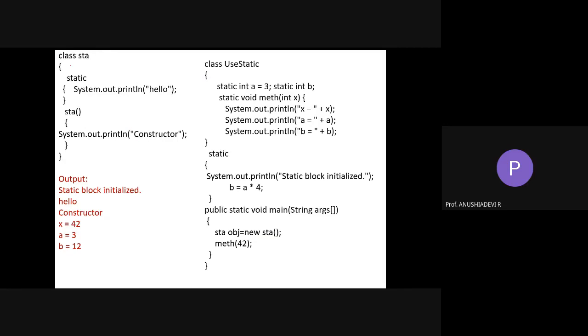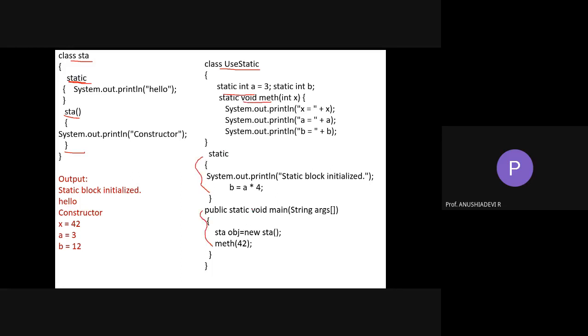Here I have a class STA. Within that I have a static block, and here I have a constructor. This is the constructor, and this is the static block. And then I have one more class in this program, that is useStatic, and it has 2 static data members, 1 static member function, then 1 static block, and then 1 main function.